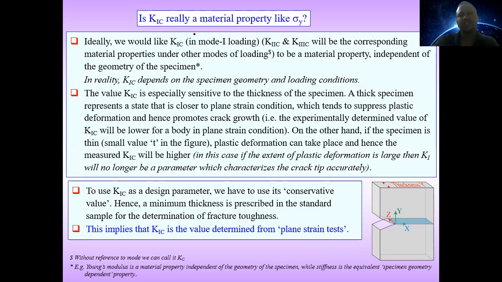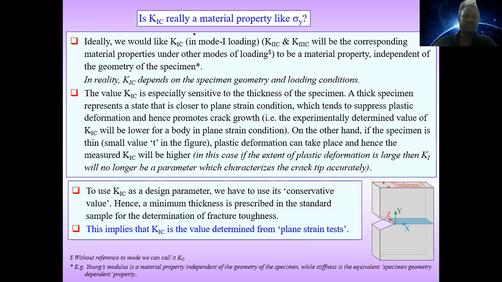Is K1C really a material property like sigma y? Let's see. Ideally, we would like K1C in mode 1 loading, and K2C and K3C to be the corresponding material properties under the second and third modes, independent of the geometry of the specimen.